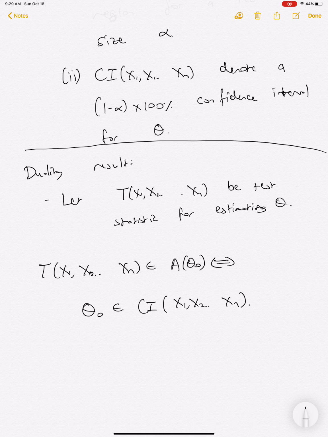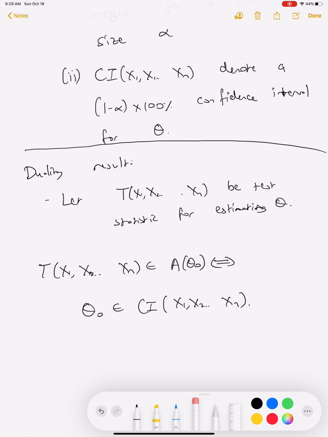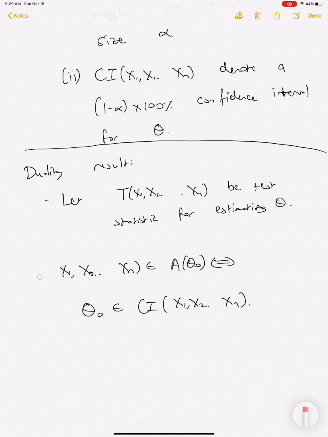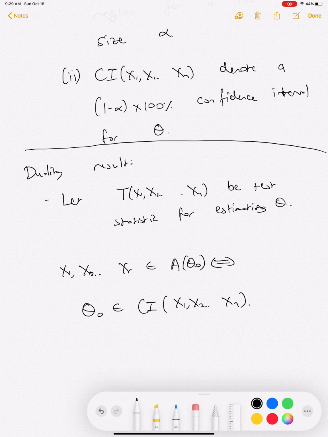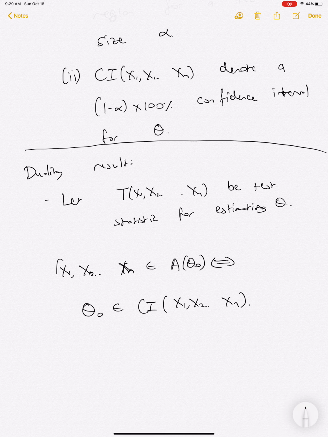Okay, and you don't even really need this T here, because the T is implicitly in there anyway. If your data x1 through to xn lies in your acceptance region of theta 0, that's equivalent to theta 0 lying in the confidence interval of x1 through to xn.